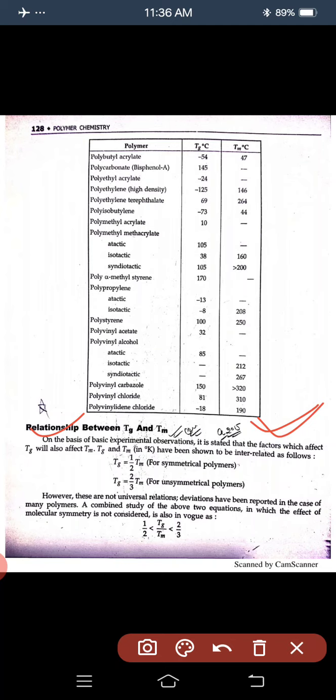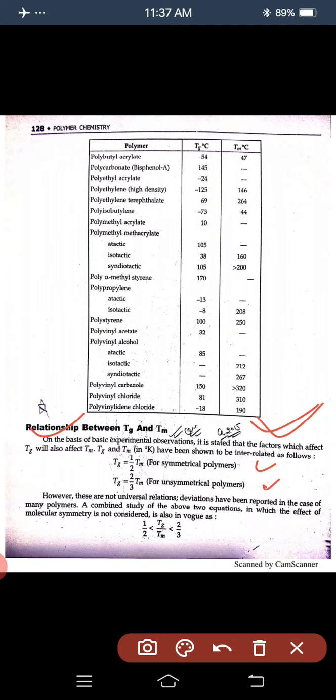On the basis of basic experimental observation, it is stated that the factors which affect Tg will also affect Tm. Tg and Tm in degrees Kelvin have been shown: Tg is equal to half of Tm for symmetrical polymers, and Tg is equal to 2/3 of Tm for unsymmetrical polymers.